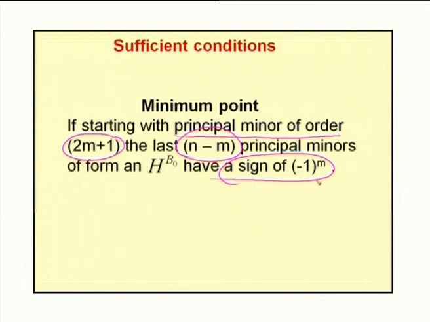For example, if our NLPP has 3 decision variables and 2 constraints, then (-1)^m is (-1)^2, which is 1, a positive sign. So, for a 2 constraint nonlinear programming problem, the signs of the border Hessian principal minors have positive values.